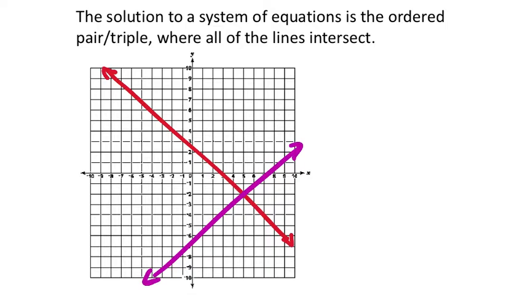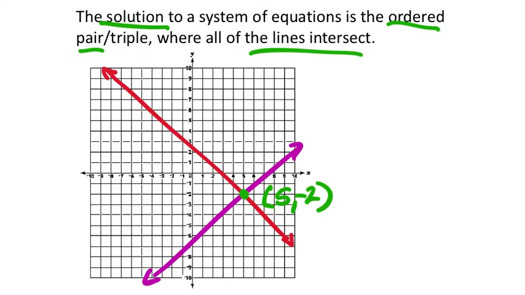Now, the solution to this system that I've just created randomly is the ordered pair where the lines intersect. And I can see they intersect at this point, which appears to me to be at (5, -2). Okay, so this also means that in the two equations that are given, this ordered pair would make both of them true.